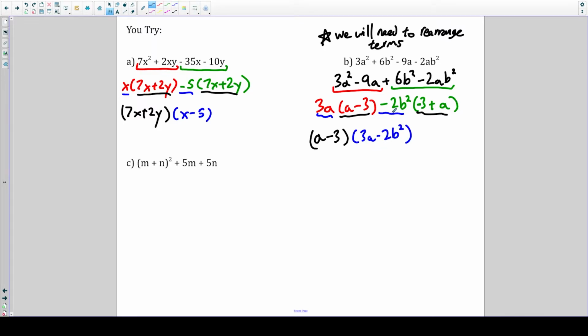If you're a little bit confused about why we're allowed to do this, we can think of an example such as negative 5. I can rewrite negative 5 in two different ways. I could rewrite negative 5 as negative 1 times positive 5, or I could rewrite it as 1 times negative 5. And that's really all we're doing here.